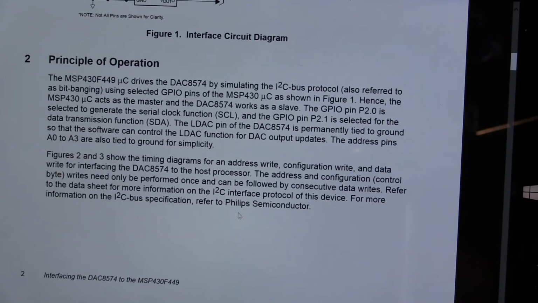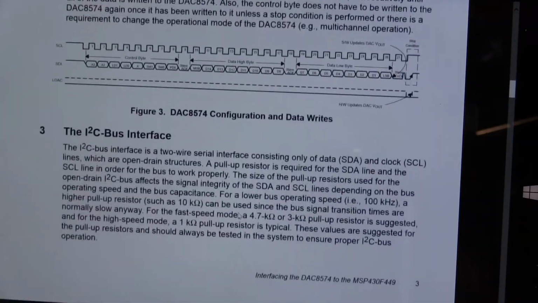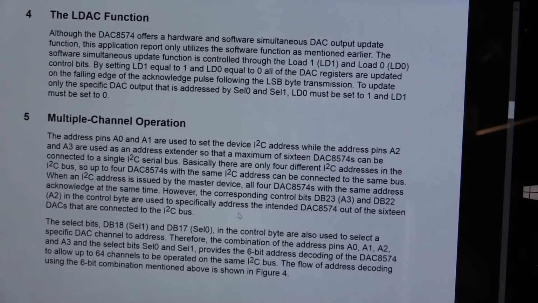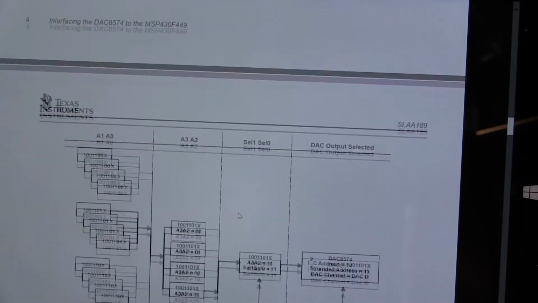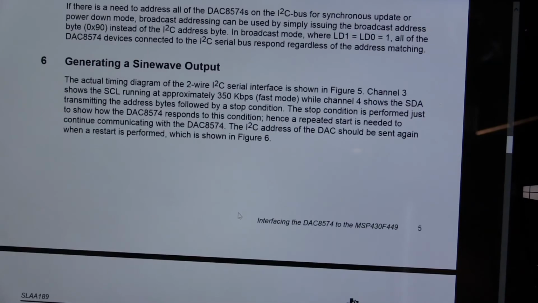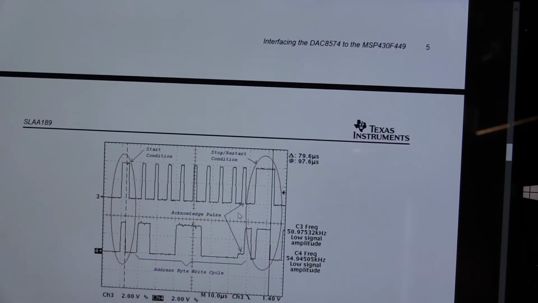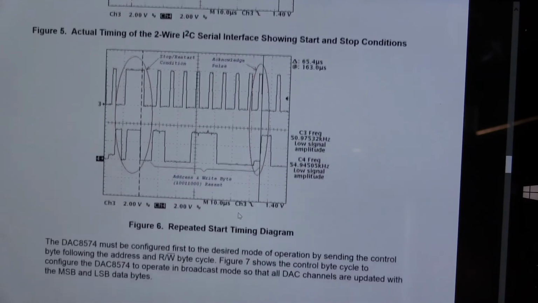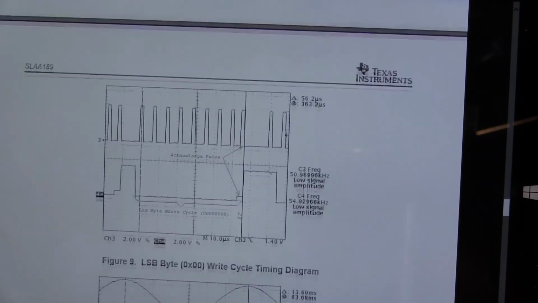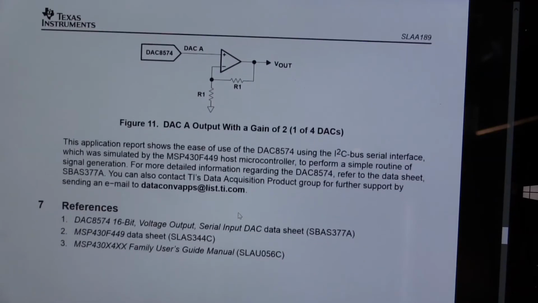Basic principles of operation, I2C bus timing, LDAC functionality, multi-channel. That's talking about having loads and loads of the channels, generating a sine wave. Oh, that's something we should give a go once we get the basics working anyway. And there should be something in here about how to drive this thing.